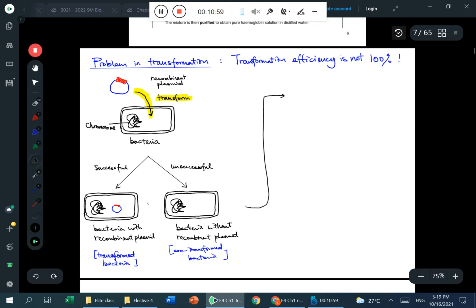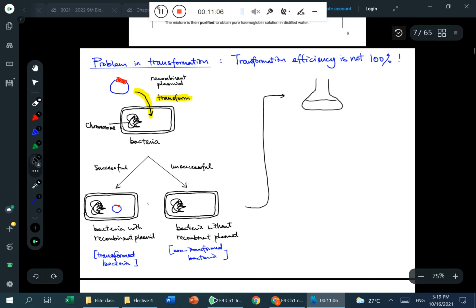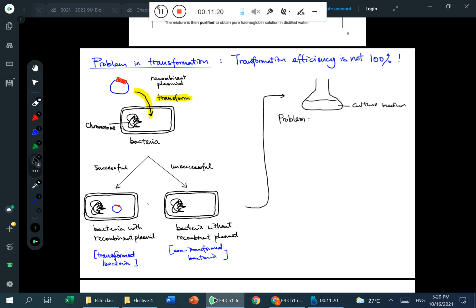So when they grow together in the culture medium, what's the problem?